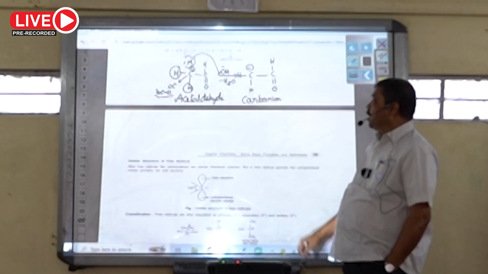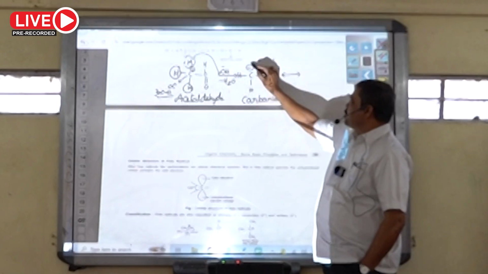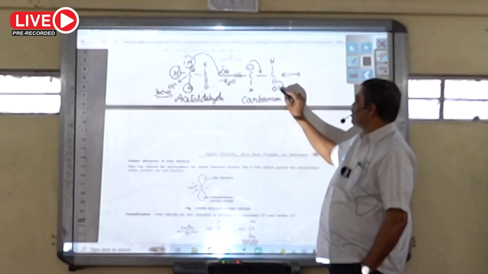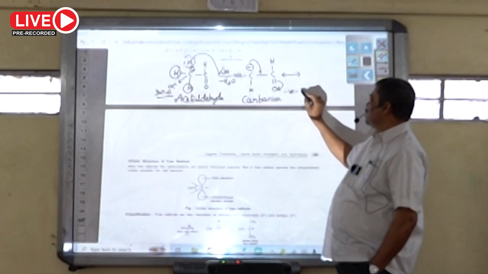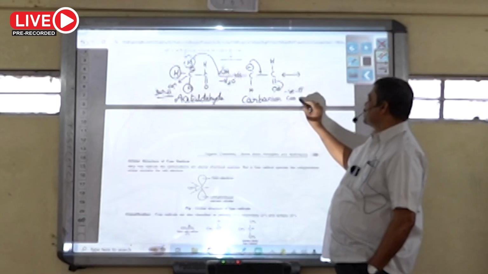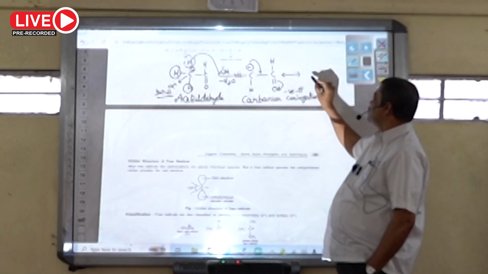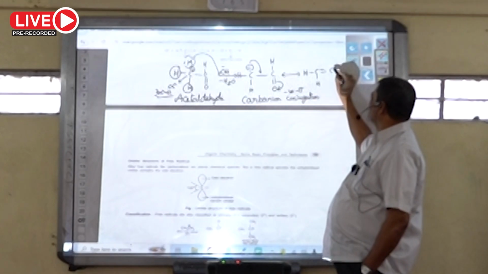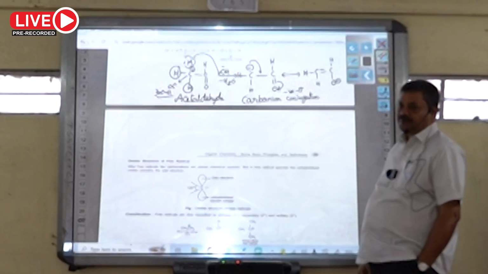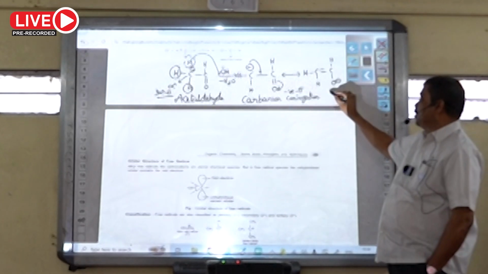Of course, this carbanion is stabilized by negative pi conjugation. What is this conjugation called? Negative pi conjugation. So this is the resonance structure. Actually, it is also called enolate ion.